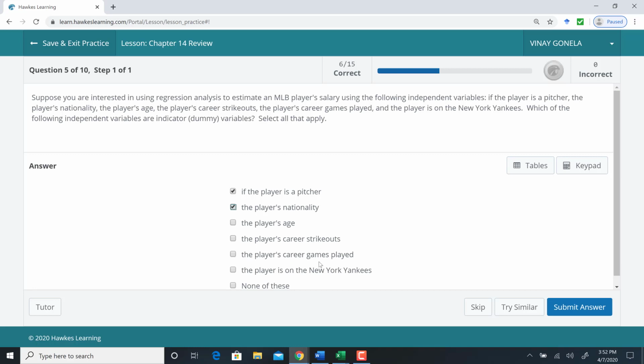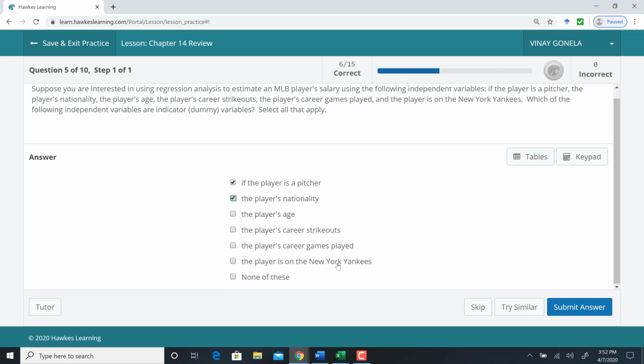The player's career games played, how many games they played, is also quantitative. And then whether the player is on the New York Yankees, you can answer with yes or no. So those will be your dummy variables.